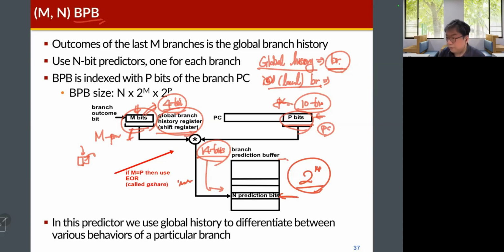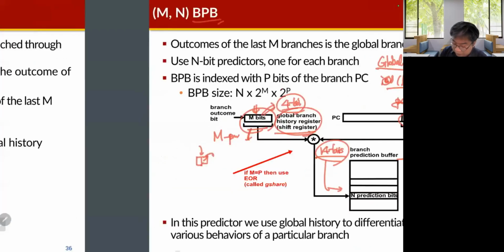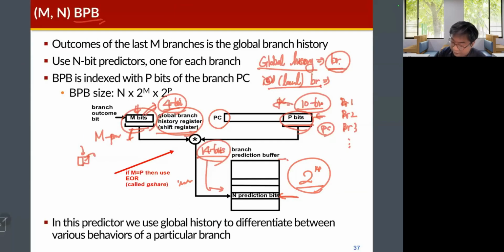So what does that mean? The local branch predictor just distinguishes the different branch instructions like BR1, BR2, and BR3. In the previous example, we can find that these individual branch instructions can be influenced by different branch instructions. So that can be distinguished by global history.